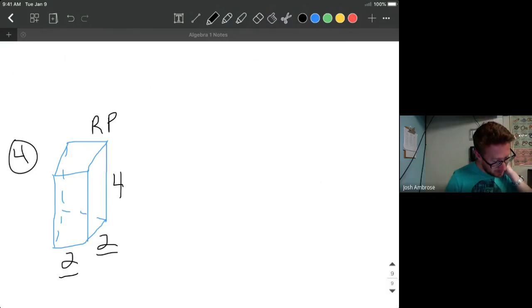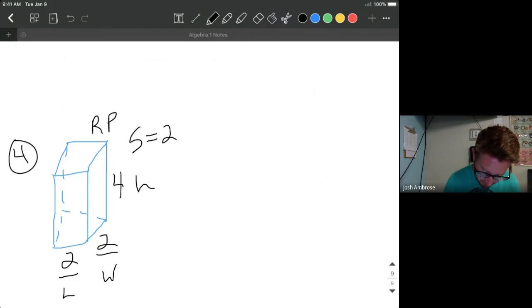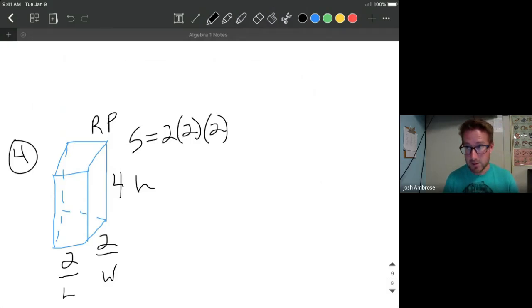Rectangular prism, solving for our surface area first, okay? It says 2 multiplied by L multiplied by W. L and W in this case are both the number 2. All right, so this is L, this is our W, this is our height. Okay, that should pretty much cover all the necessary info that we're going to need here. So we have 2, amazingly enough, multiplied by a 2 and another 2.